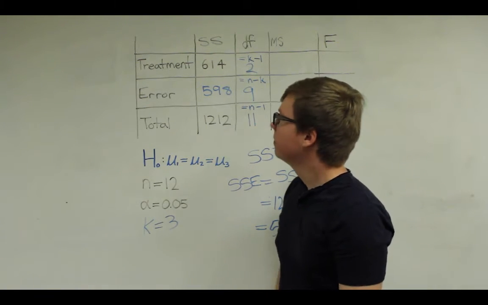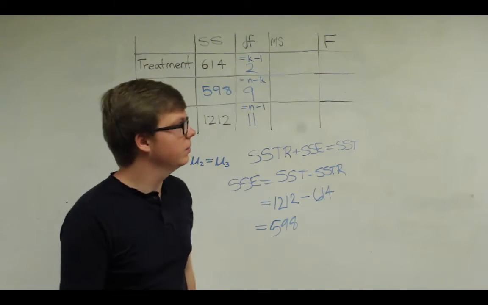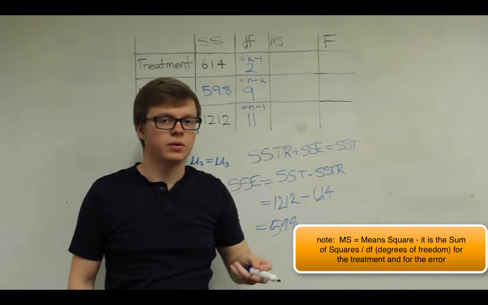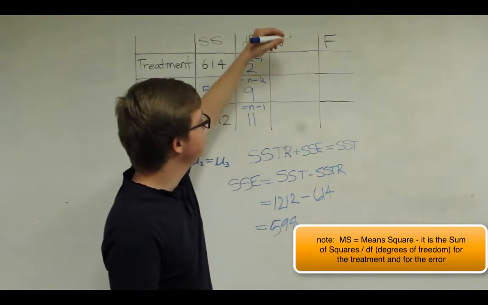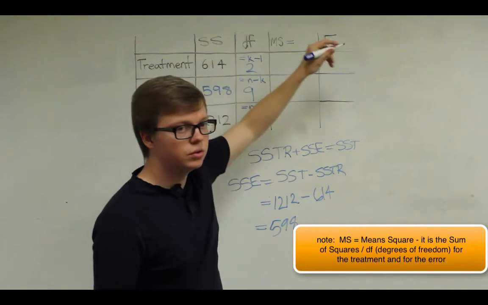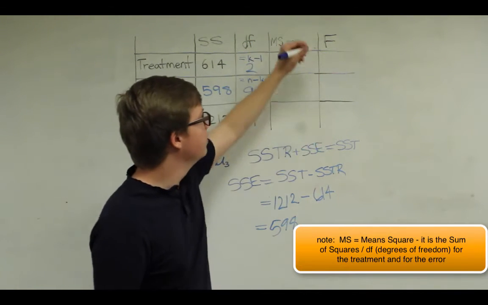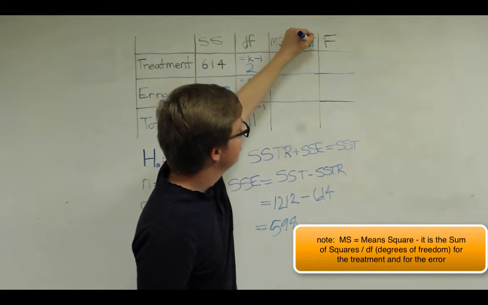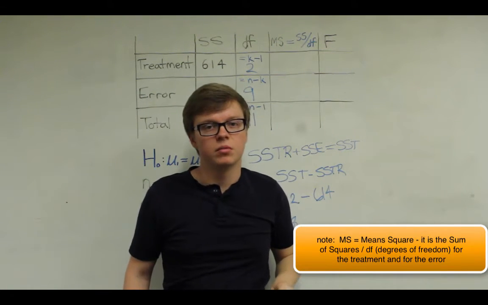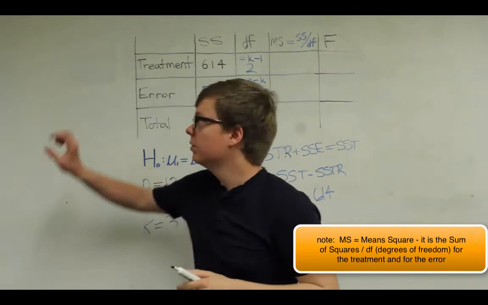So, alright, we have those 2 columns. The next one is our mean squares. That's what MS stands for. The equation for this, and this is true for all of the numbers in this column, is you take the sum of squares divided by the degrees of freedom for the appropriate row.